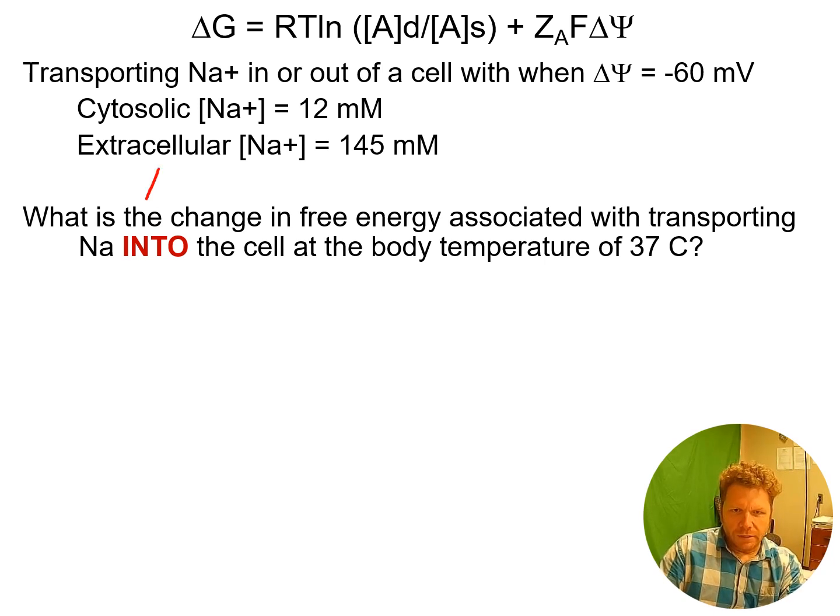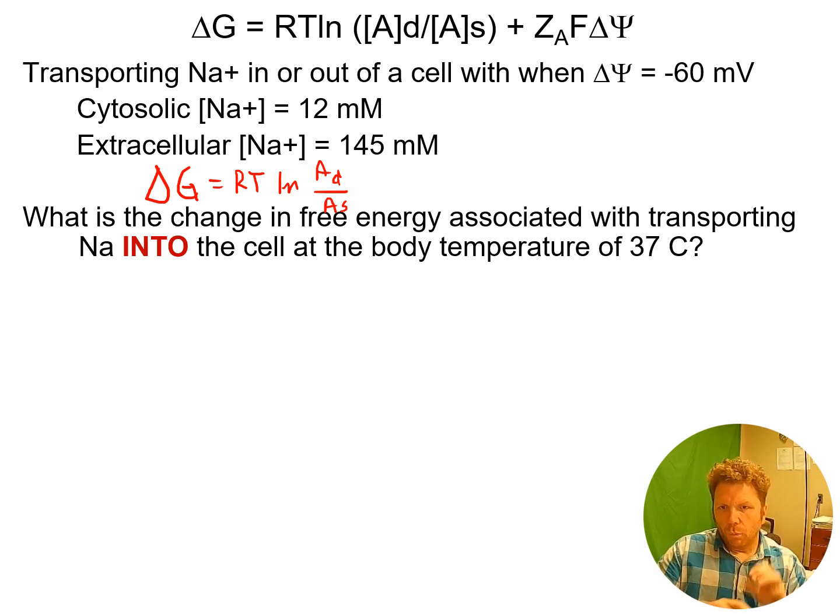Our equation here is delta G, which, remember, if negative is a favorable reaction, equal to RT times the natural log of the concentration in our destination over our source. Our source is going to be the extracellular concentration of 145, and our destination is the cytosol at 12 millimolar.